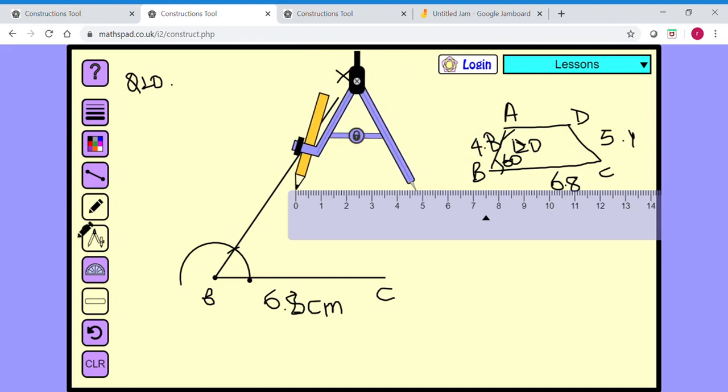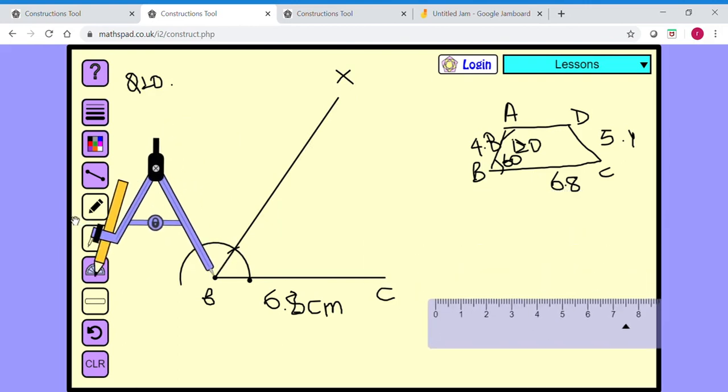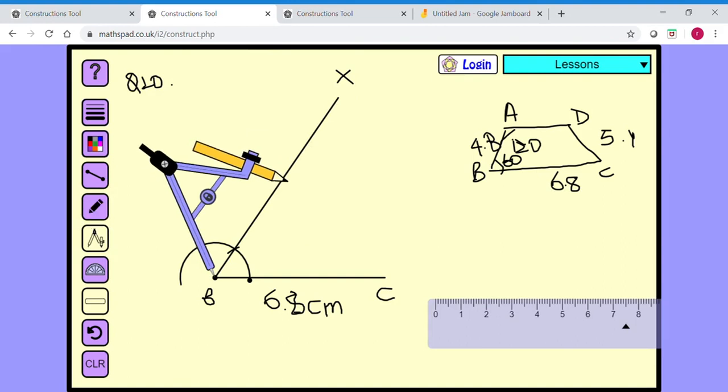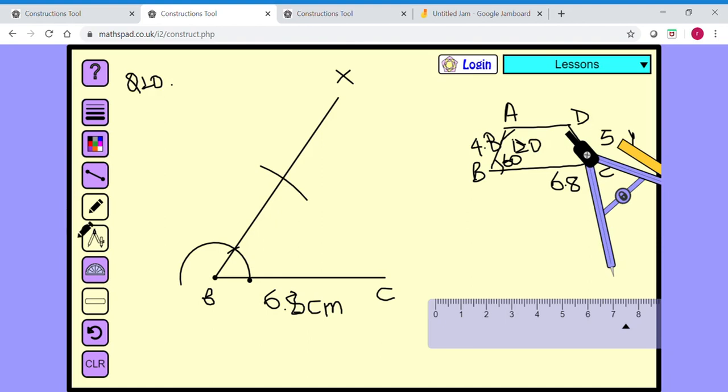Done. So I put it at B and cut an arc of 4.8 centimeter. Done. So this is my point A, and this length is 4.8 centimeter.